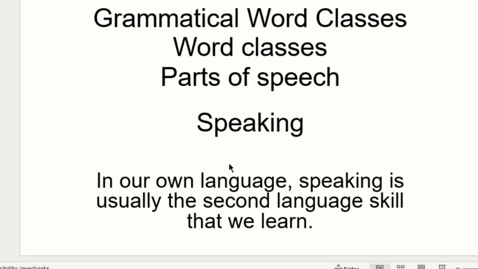What was said by someone in the group? I think it's writing. Writing. Yes, writing is the third skill. And why do you say it's writing?